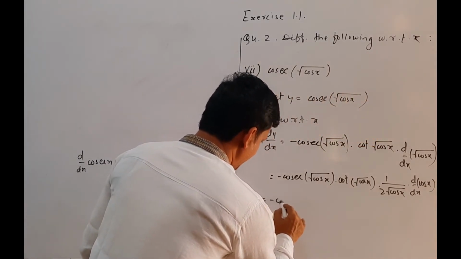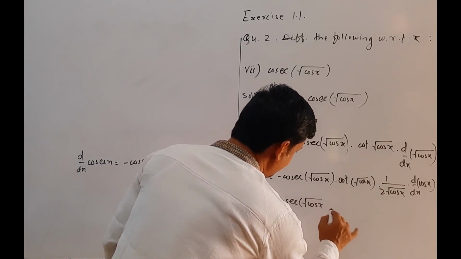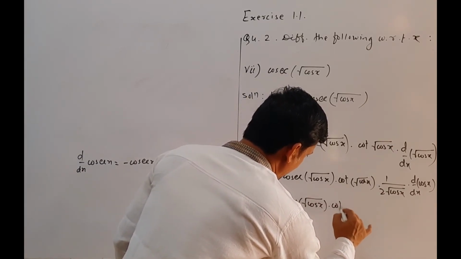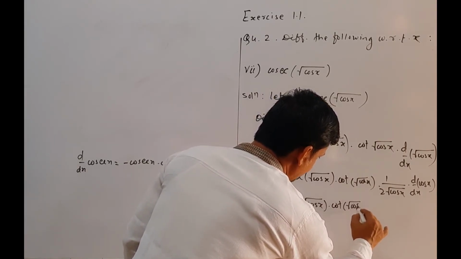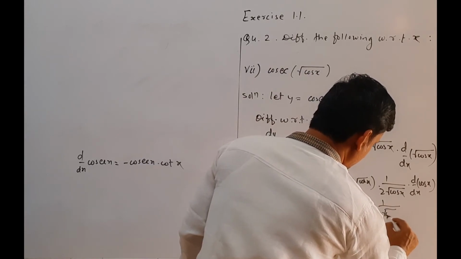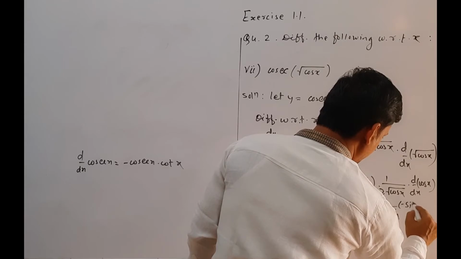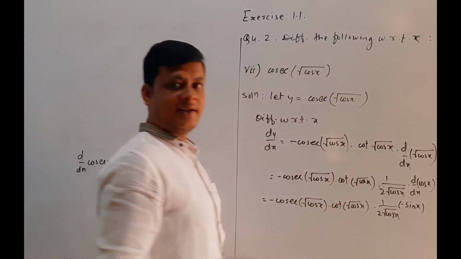So we write here minus cosec of root of cos x into cot of root of cos x into 1 upon 2 root cos x, and derivative of cos x is minus sin x, so we write in bracket as minus sin x.